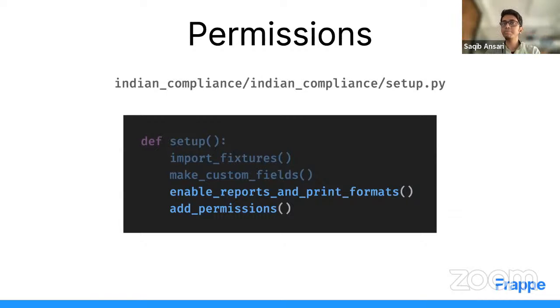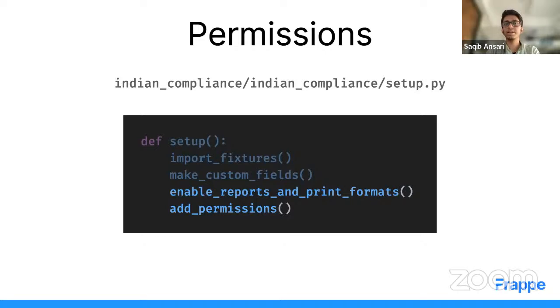Then adding permissions to those reports and enabling them happens at the setup part. So up until now, all the regional changes are in the ERPNext itself. So all these reports and print formats need not be enabled for all customers.